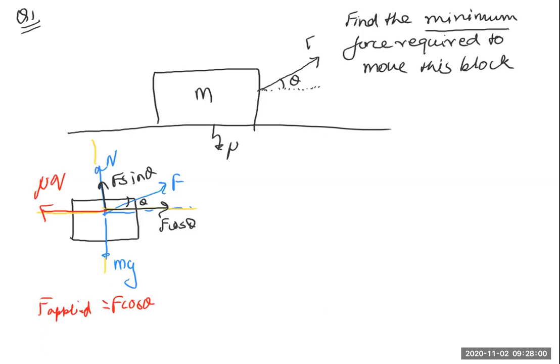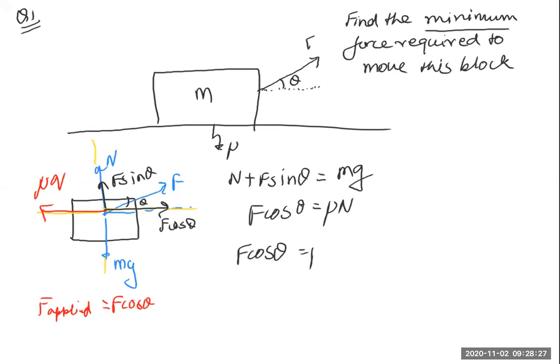We have N plus F sin theta is equal to mg, F cos theta is equal to mu N. तो यहाँ से आएगा, F cos theta is equal to mu into mg minus F sin theta. F will be equal to mu mg upon.